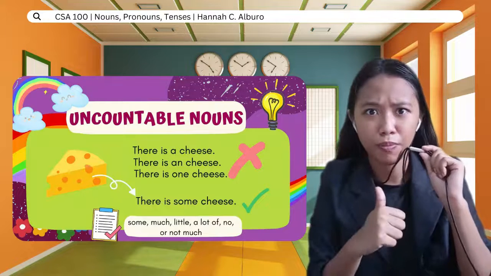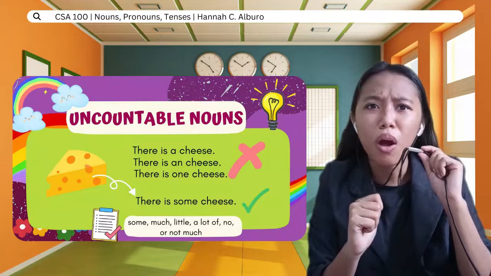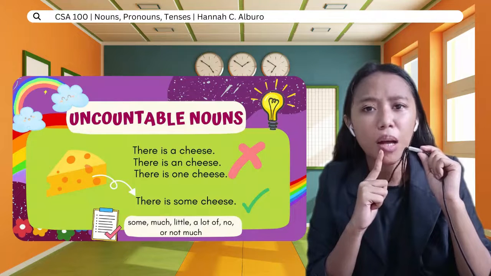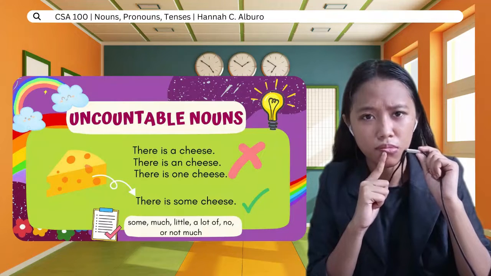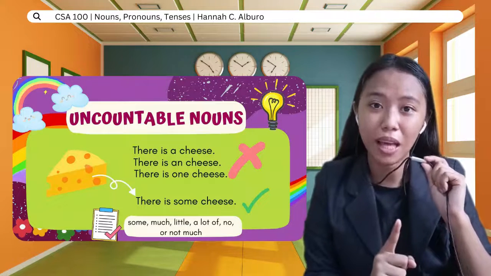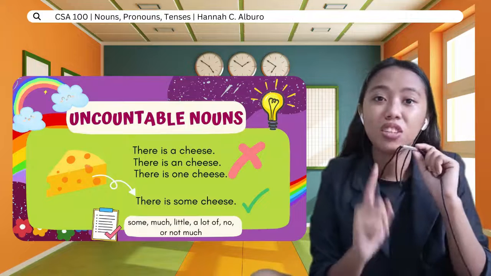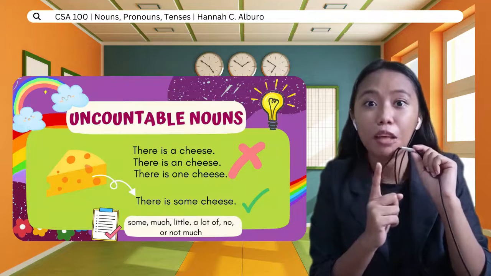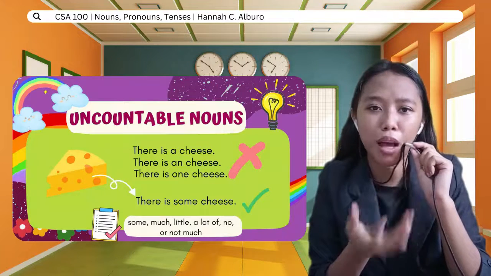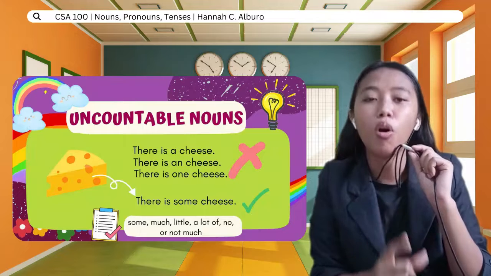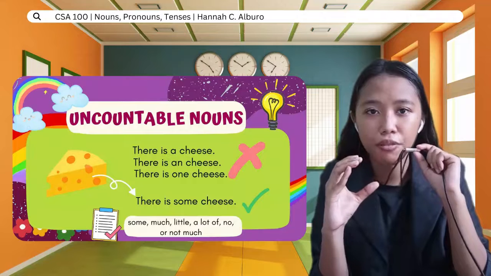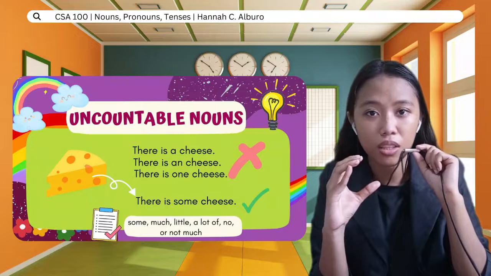Now the question: why is cheese an example of an uncountable noun? The explanation behind that is that cheese is a collective noun. There are actually a lot of types of cheese. If we focus on the word cheese itself, it is uncountable because it is collective.